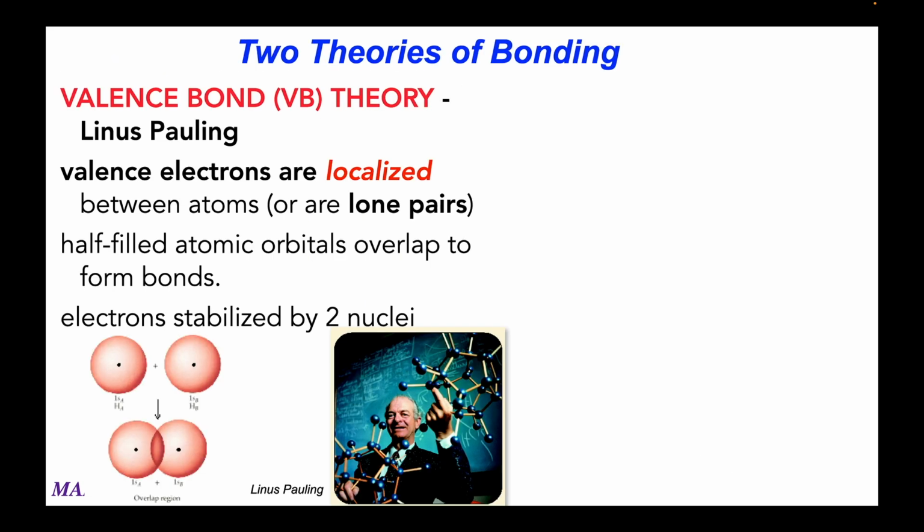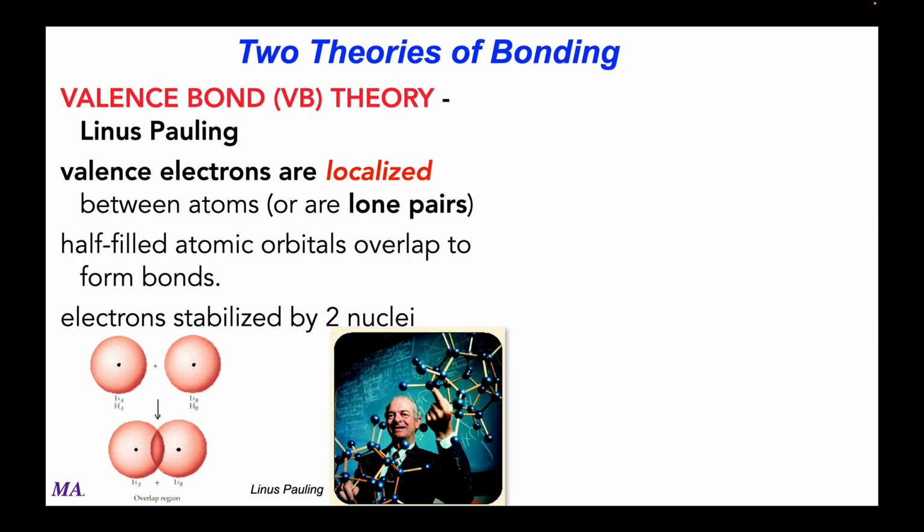So the two main theories of bonding which are used in chemistry, the first one's called valence bond theory. Valence bond, or VB theory, was first proposed by Linus Pauling, who was actually one of the great Oregon chemists. Pauling went to Oregon State University before going on to get his PhD. He's a fascinating person.